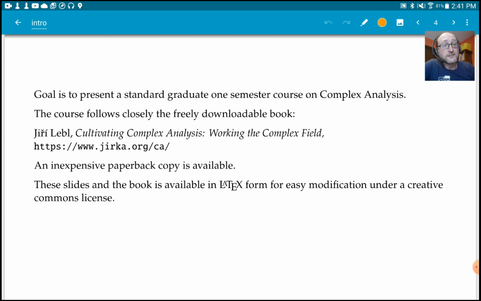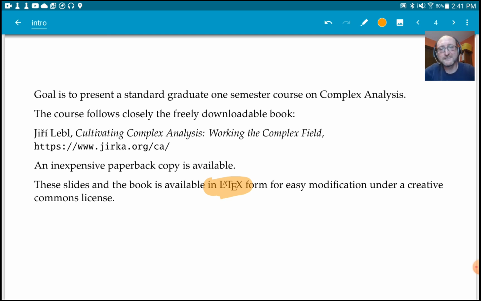All right. The slides. In case you're maybe interested in presenting this or maybe learning from the slides, those are also available. And the LaTeX source of the book is available. I've actually seen students use it when they're typing up homework, they go in and just cut and paste the problems.